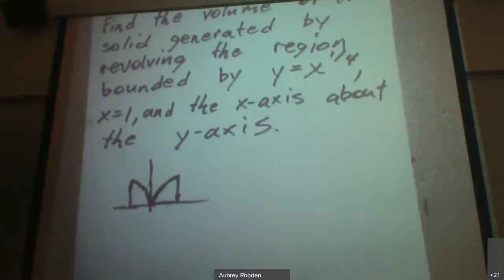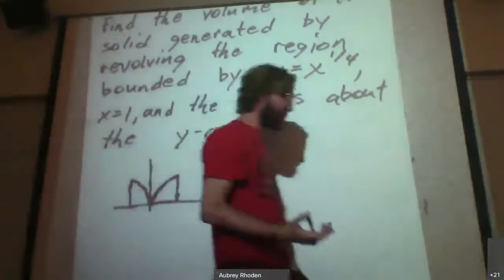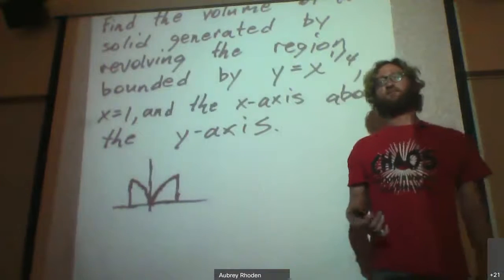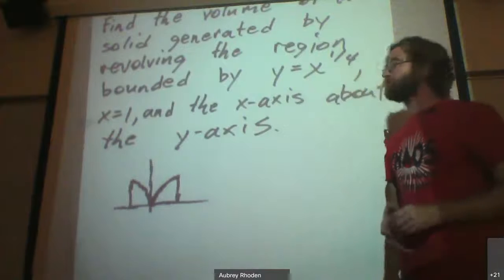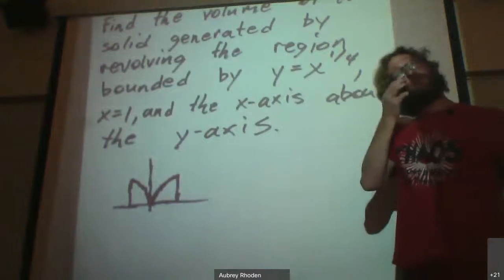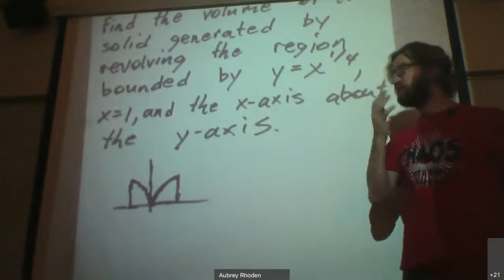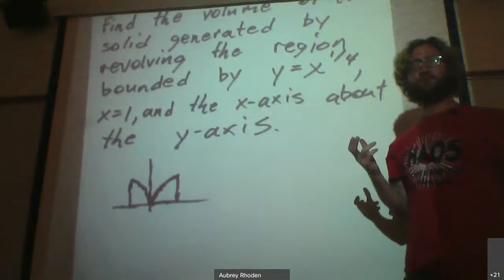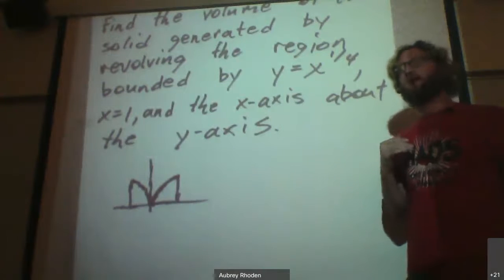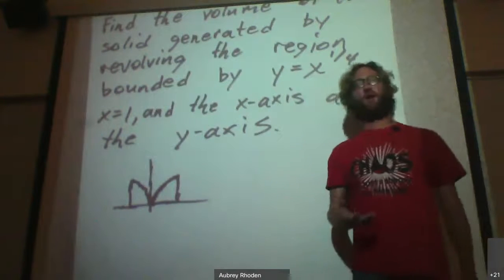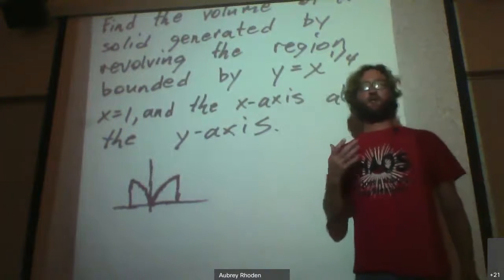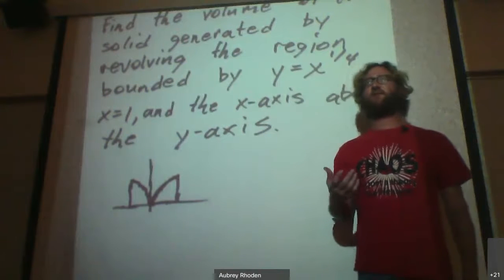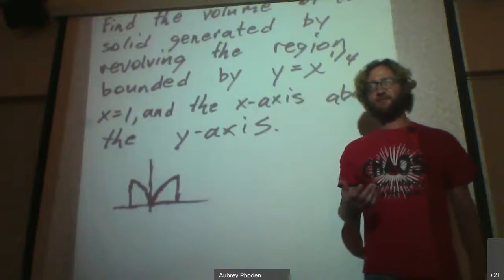Okay. So we have to think about this. If this is being revolved about the y-axis, what is the appropriate method to choose? Do we want to do a disk or do we want to do a shell? Okay. So now, if this is a revolution about the y-axis, and we are talking about the disk method, where are the disks going to exist?